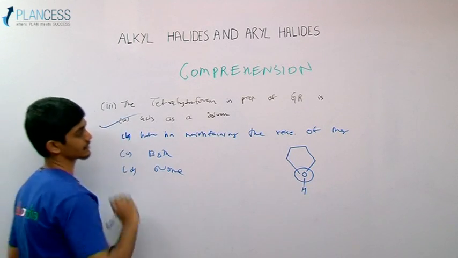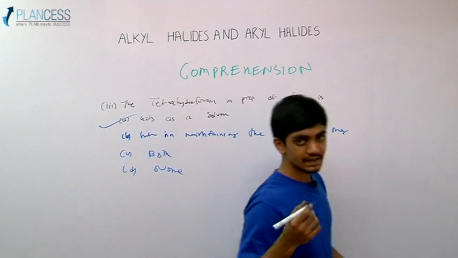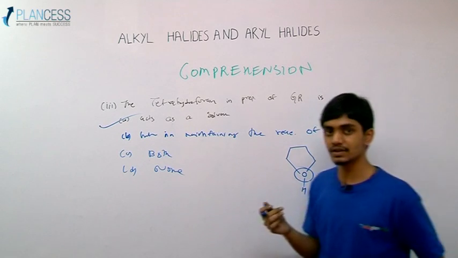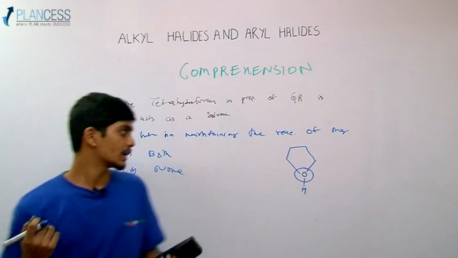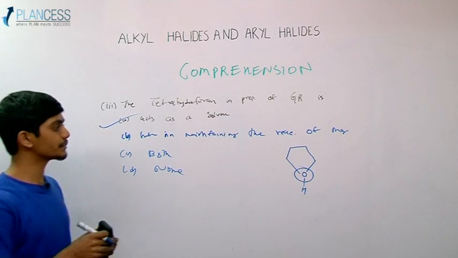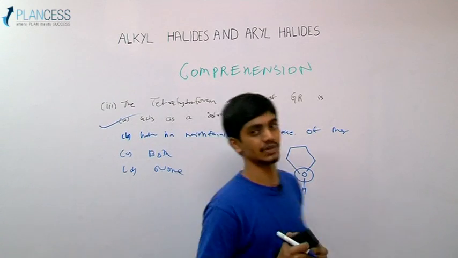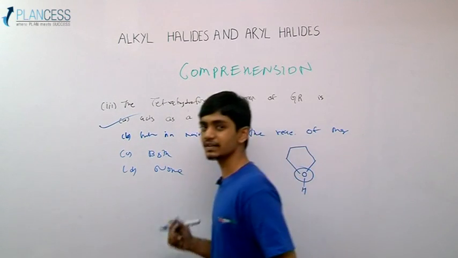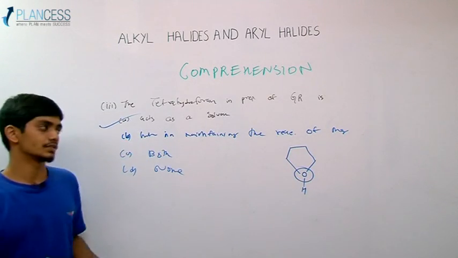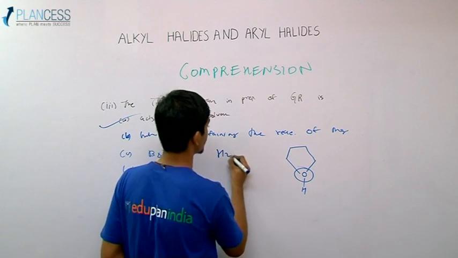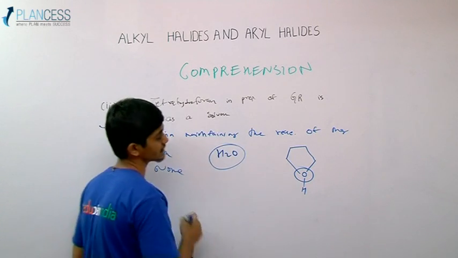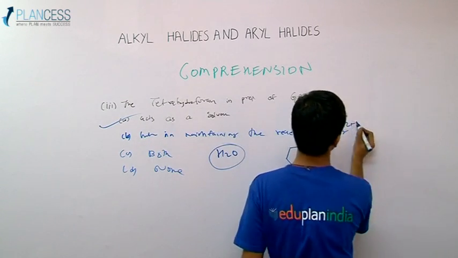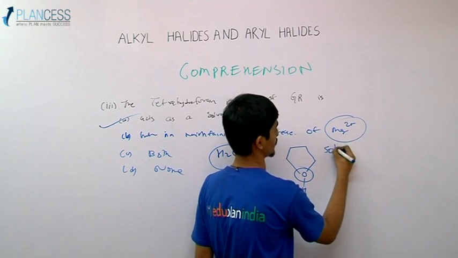What is the role of this ether? Definitely it acts as a solvent, because the preparation of Grignard reagent needs a solvent. Now, what about this? It helps in maintaining the reactivity of magnesium. How does it help in maintaining the reactivity of magnesium? Now, the thing is, if we are using a polar solvent, then in that case, the magnesium reactivity is reduced due to solvation.